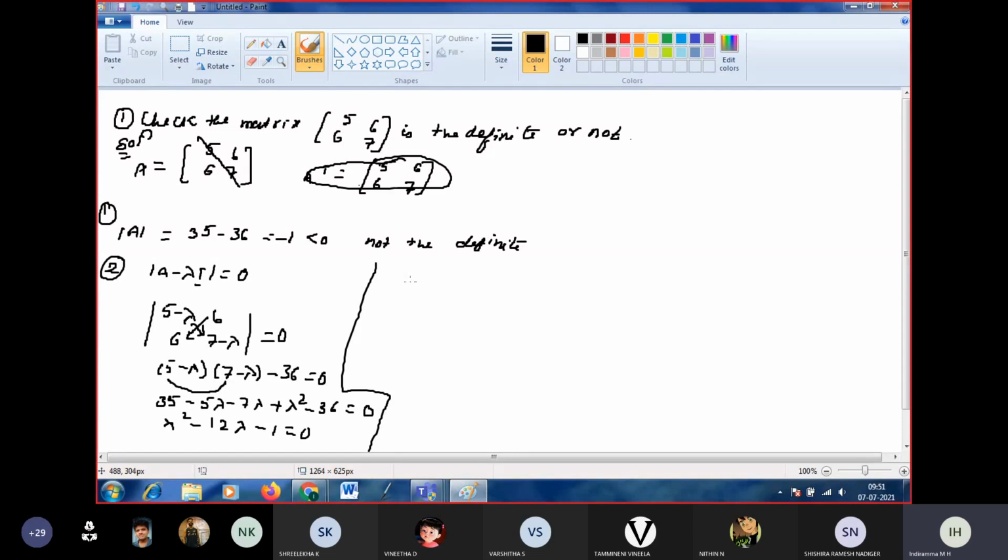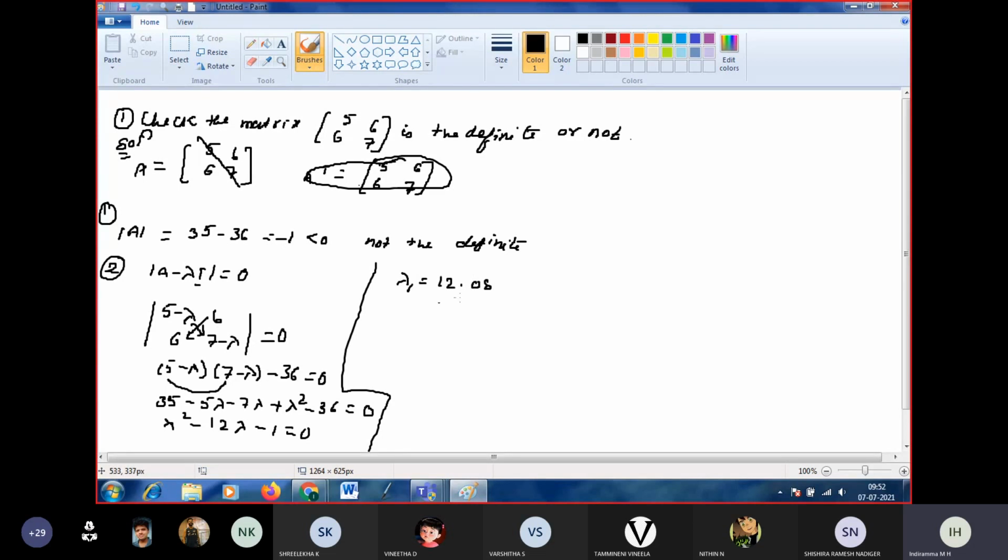Can you find the roots by using your calculator? 12.08 and minus 0.08. 12.08 is one root.